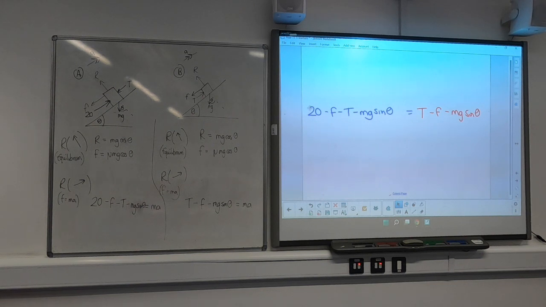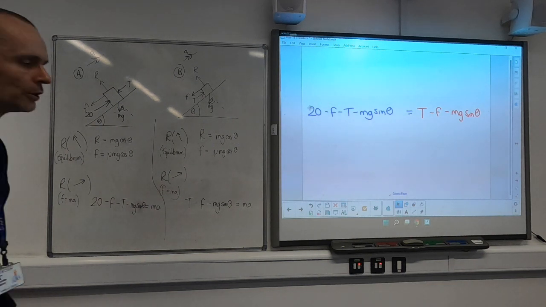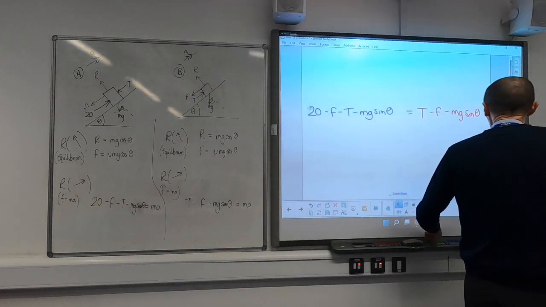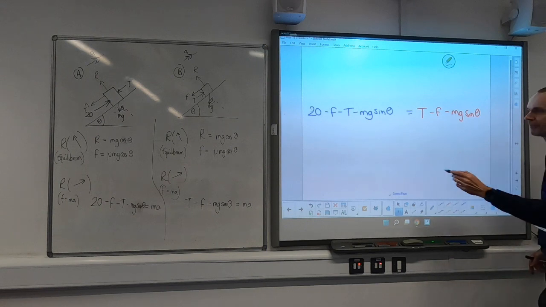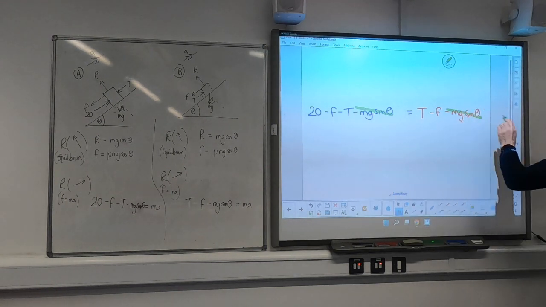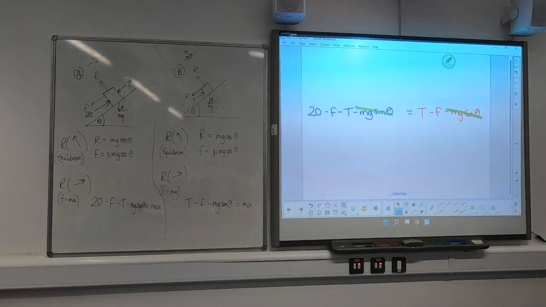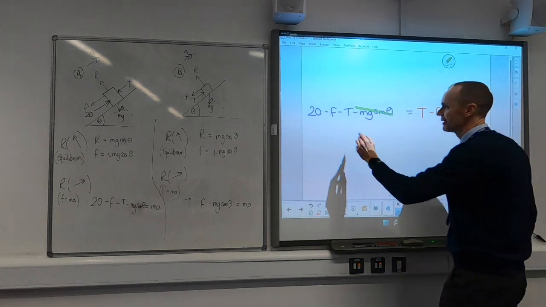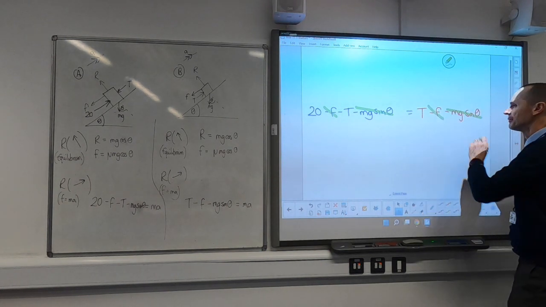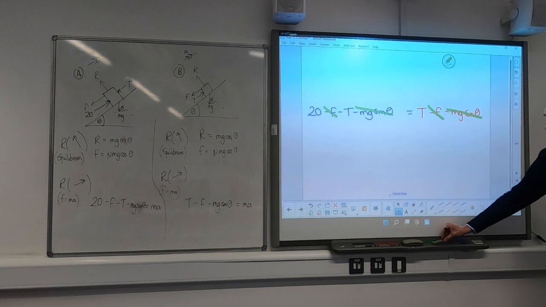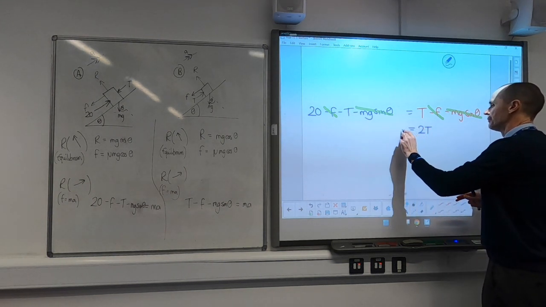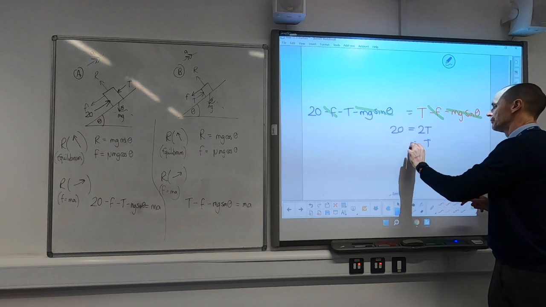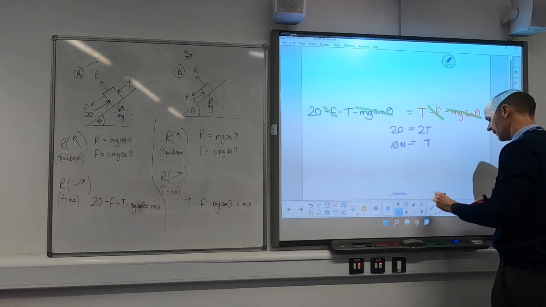I promised you it was all going to end happily. Look what now happens. If I add mg sine theta to both sides, and add F to both sides, and add T to both sides, I get my answer.